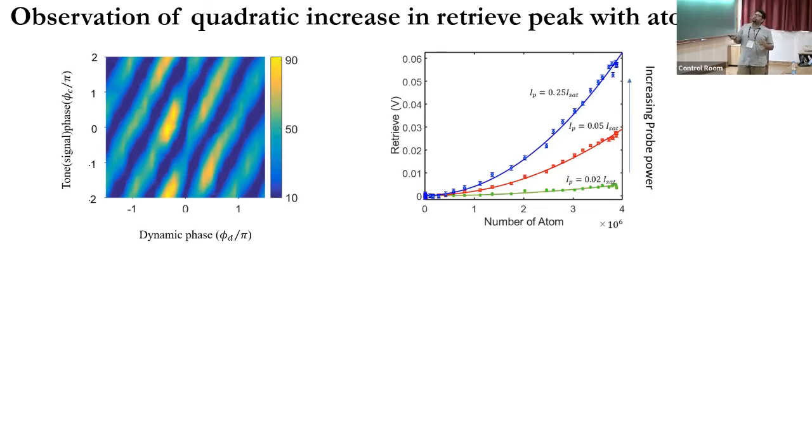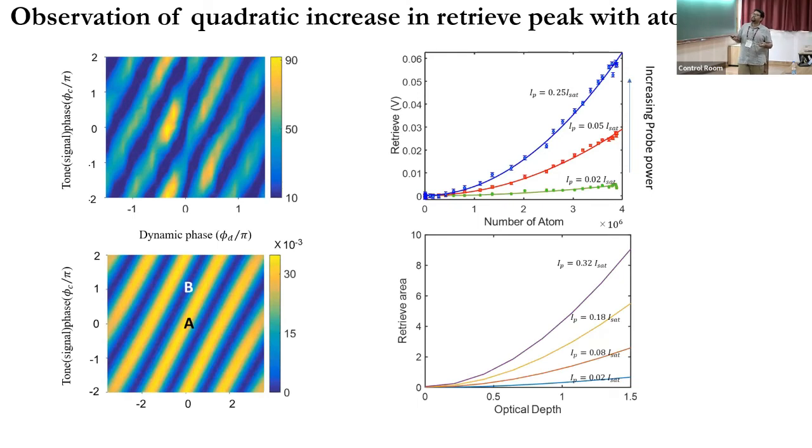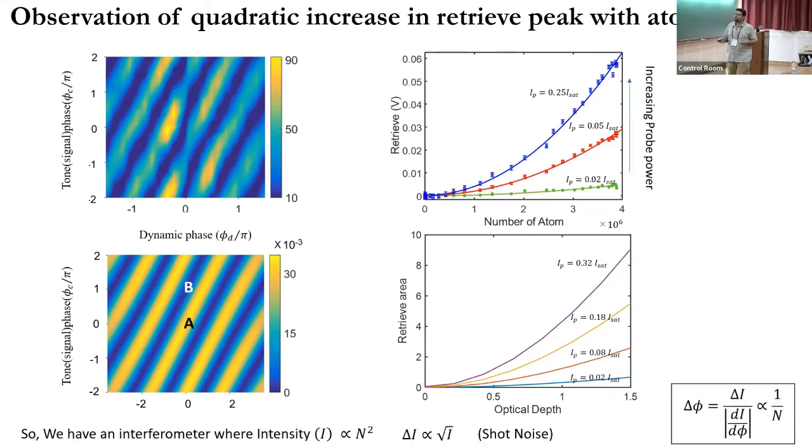When we consider a single point, we saw the retrieved intensity increasing non-linearly with the number of atoms. We did our simulation, and the simulation result shows similar behavior. This is the simulation and this is the experiment. Both are really matching. So basically we have two things.